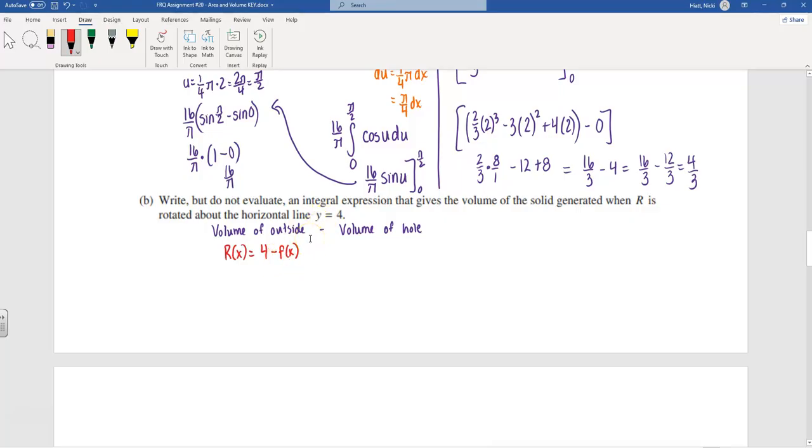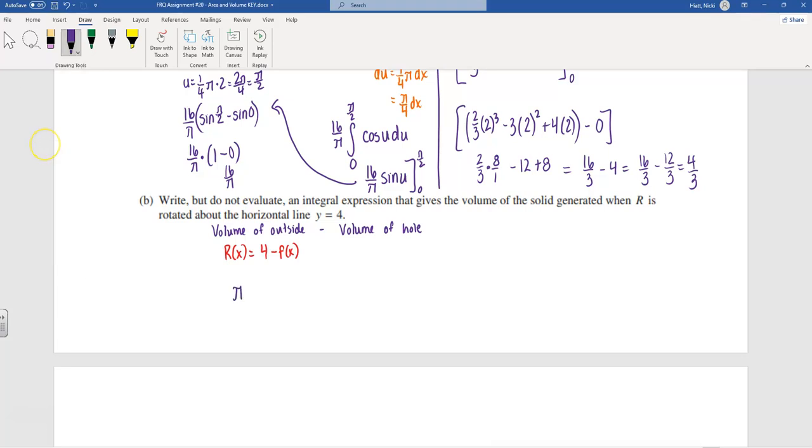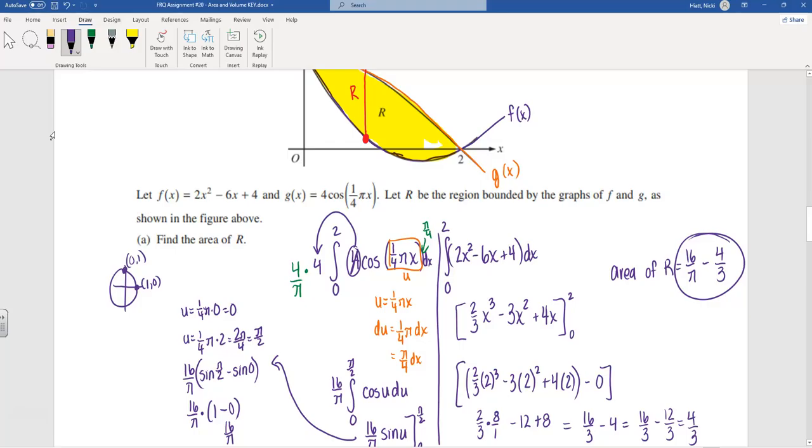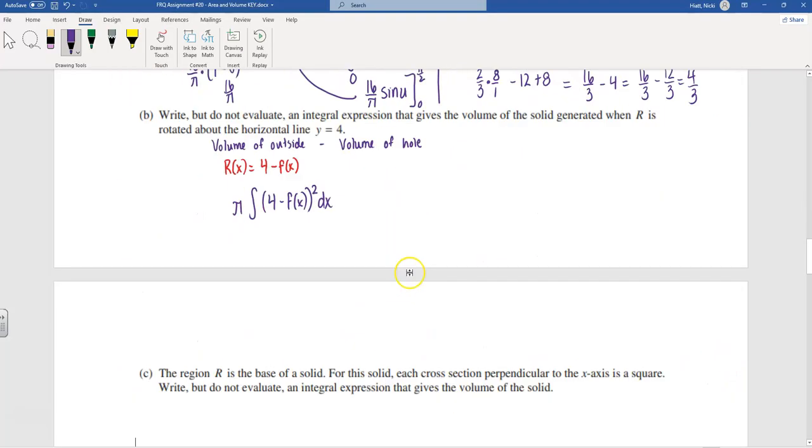So for this part of the integral, we're going to have pi integral of radius 4 minus f of x squared dx. What should my limits be for this? Zero to 2. X-axis, 0 to 2 over here.